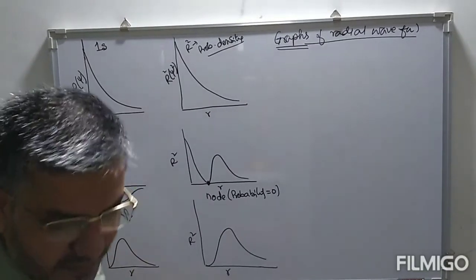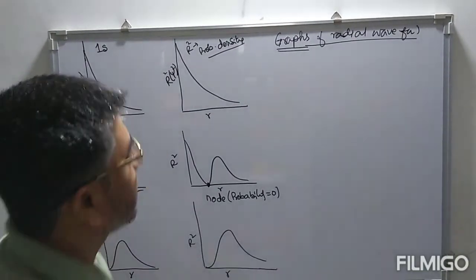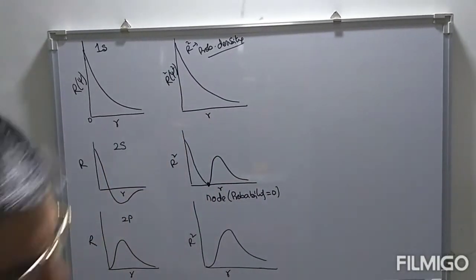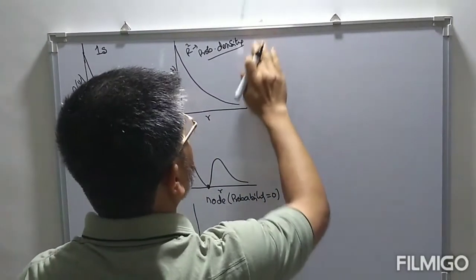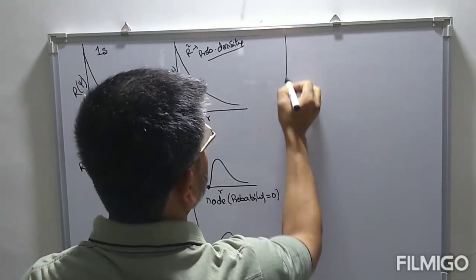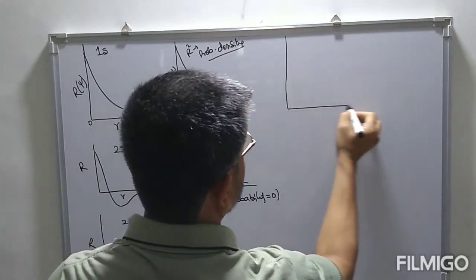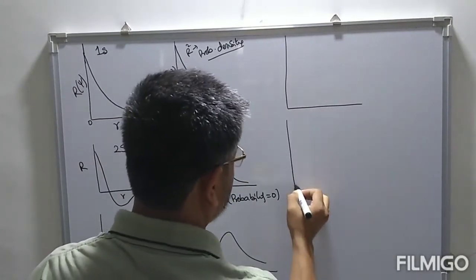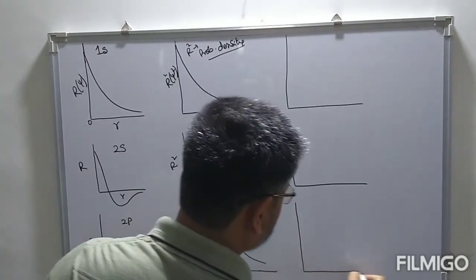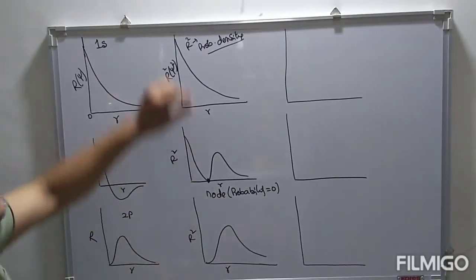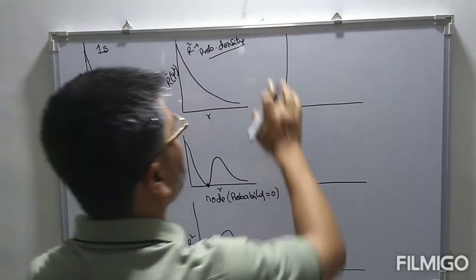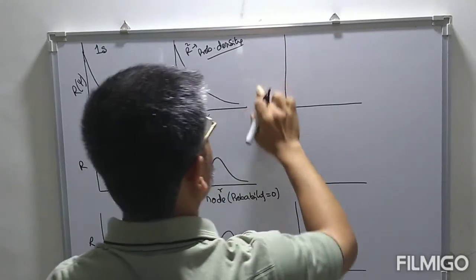Now, finally, instead of this probability density, we will define this in terms of probability. This is probability density. We will change this into probability.